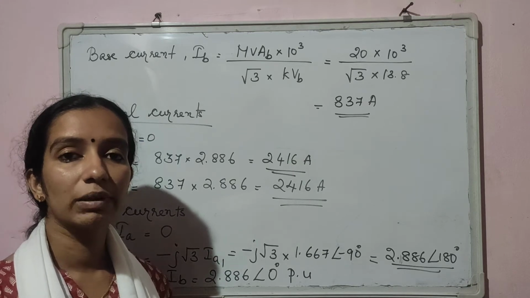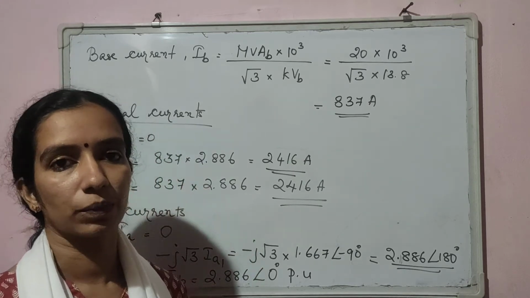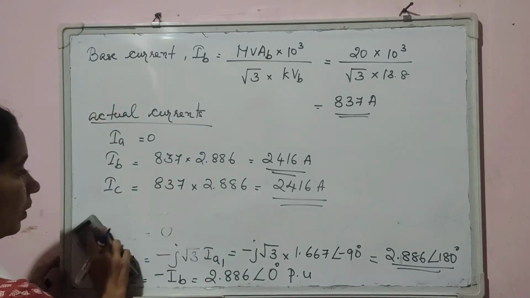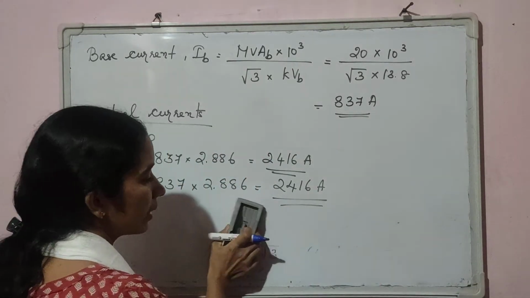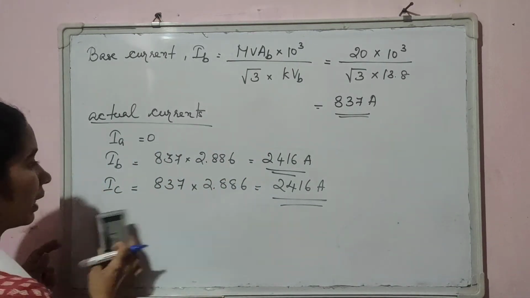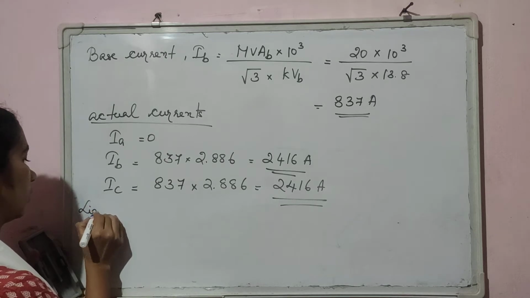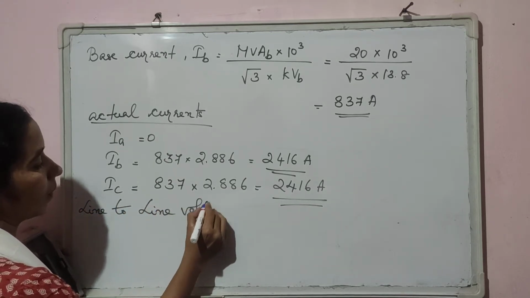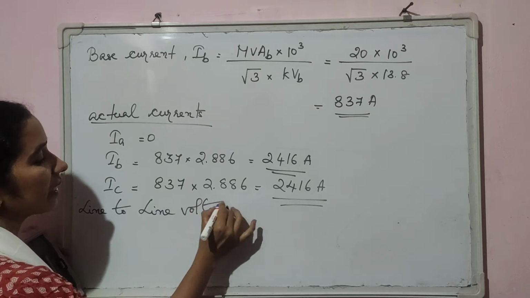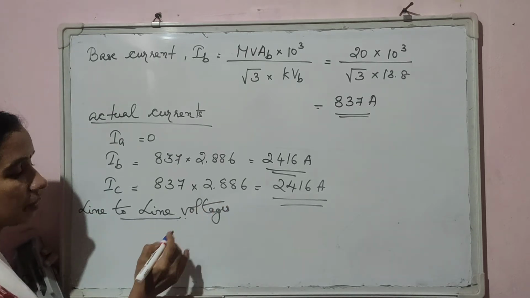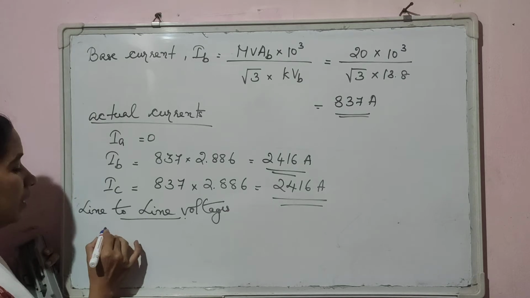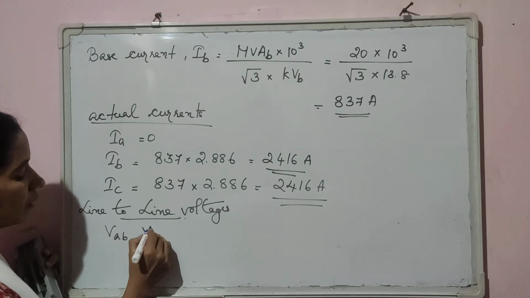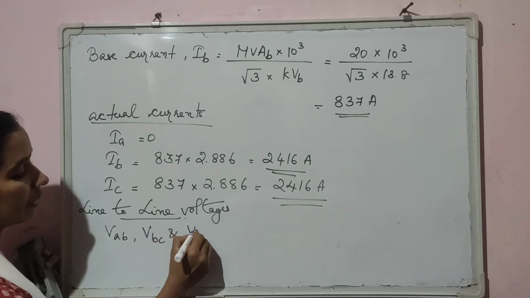Now we have to calculate the line to line voltages also. So the next step is to calculate the line to line voltages. Which are the line to line voltages for this particular three-phase system? They are VAB, VBC and VCA.